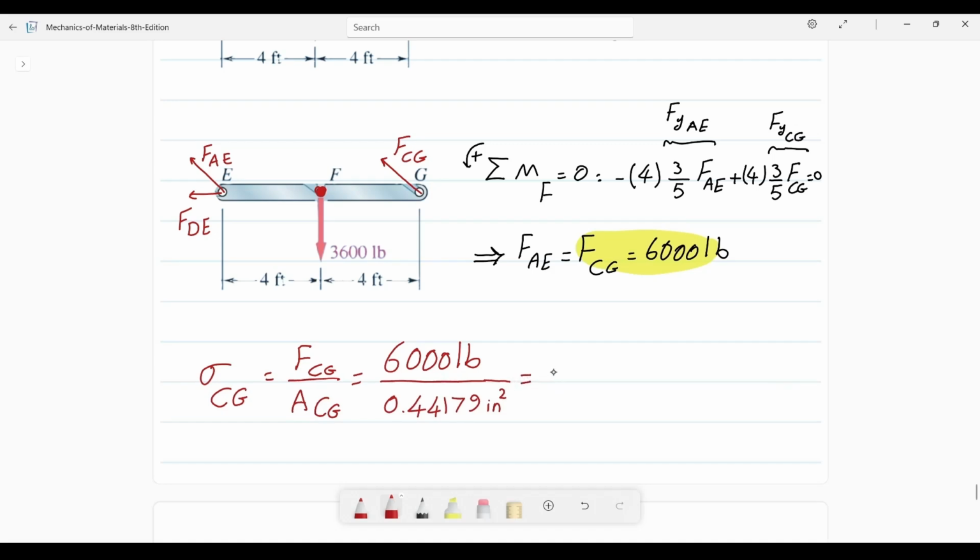It's equal to 13580 psi, and it means it's equal to 13.58 ksi. That's it.